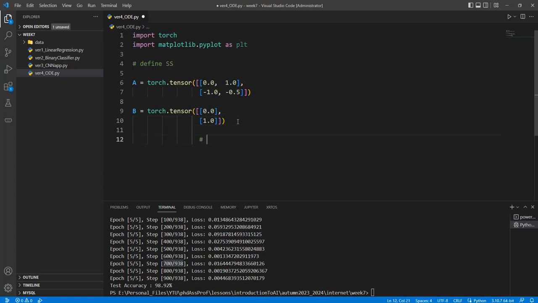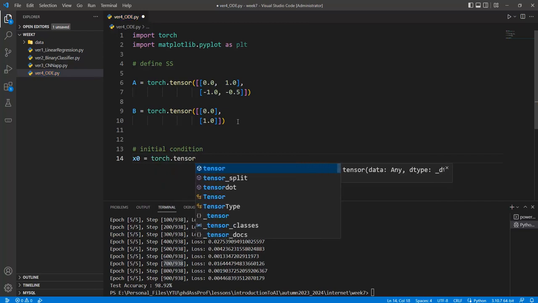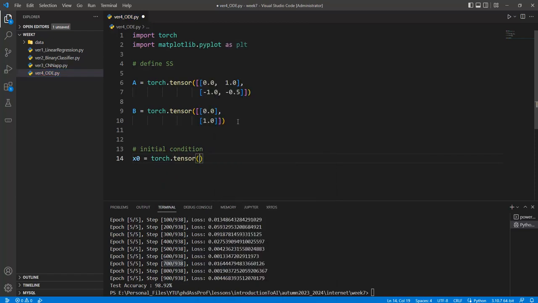Also we need to give the initial conditions like this one. The initial condition x0 torch tensor is equal to, firstly, position 0 and velocity 0, right?